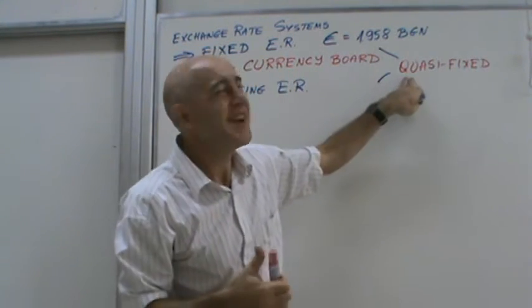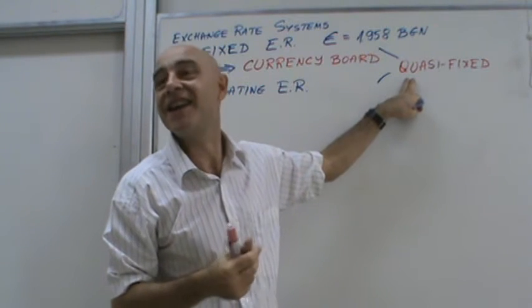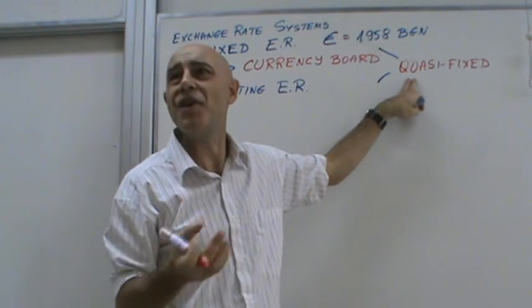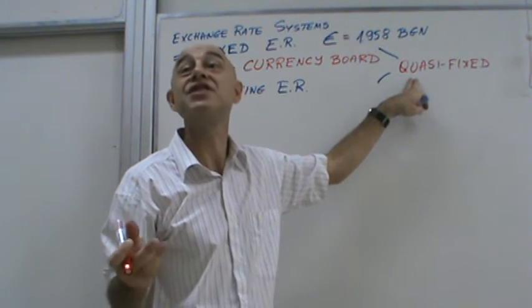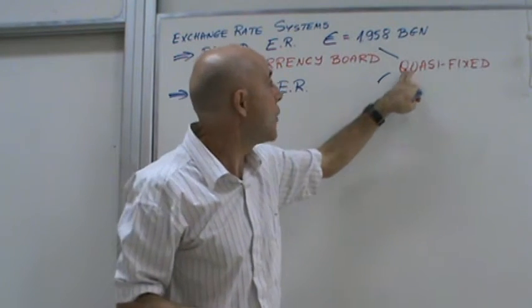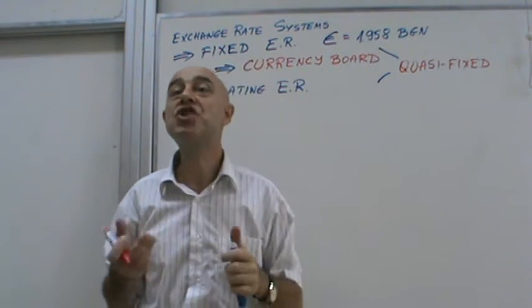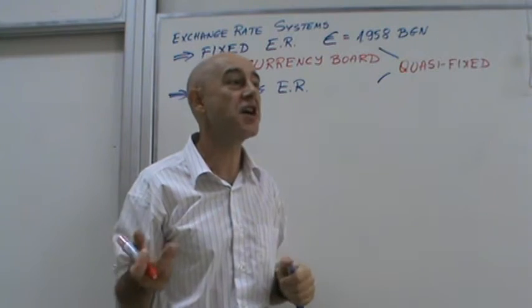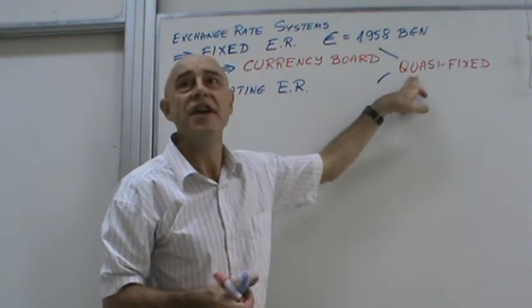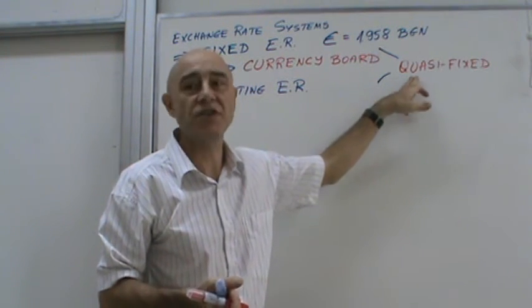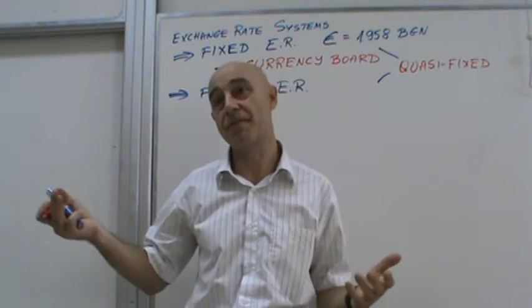Quasi-fixed is not exactly fixed, but kind of like fixed. It appears to be fixed, but not strictly fixed. Quasi-fixed would be the Chinese currency, the Chinese yuan against the dollar. It's been fixed for a long time to be 640 something.